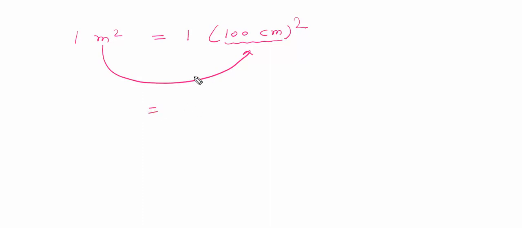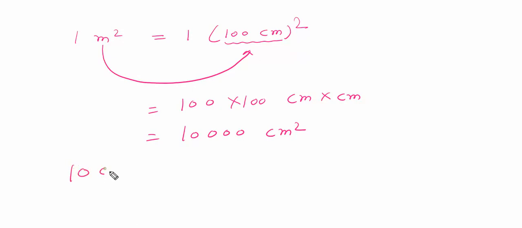Now 100 into 100, centimeter into centimeter. Dear children, 10,000 centimeter square. It means we can write 10,000 centimeter square equals to 1 meter square. So it is true.